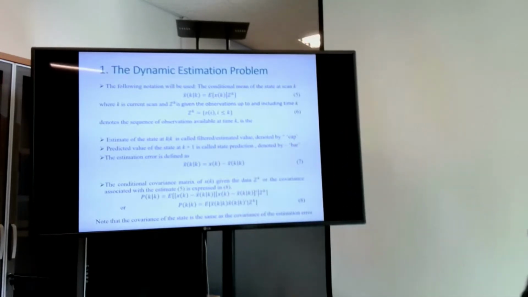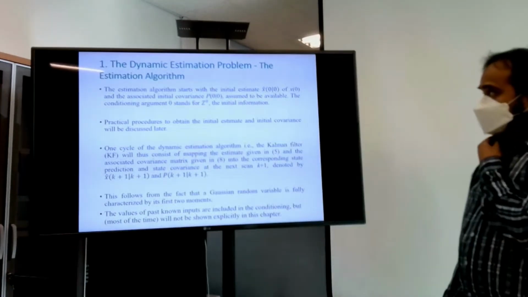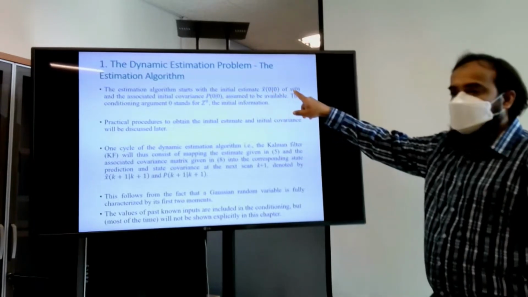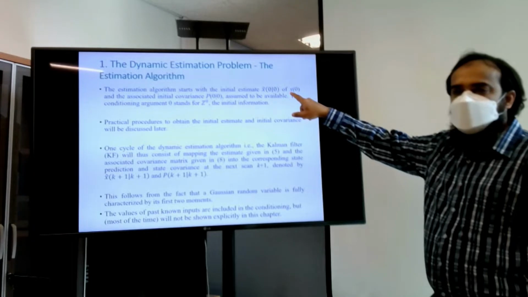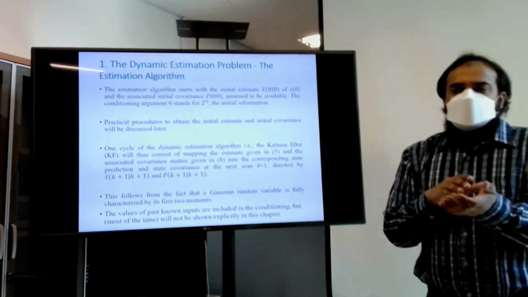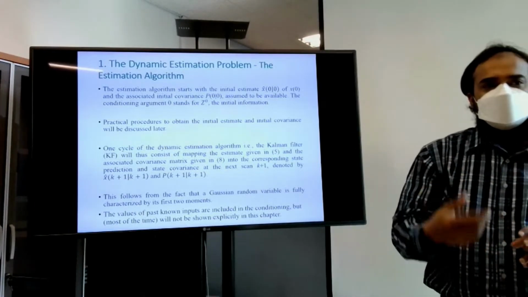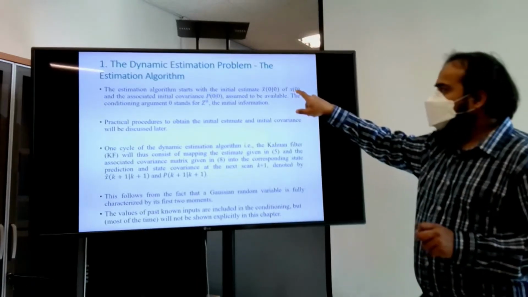Now the algorithm starts with an initial estimate of the true value of a random variable x of k. So x of k is your unknown variable, which is the parameter you want to find. X of 0 is a true value.